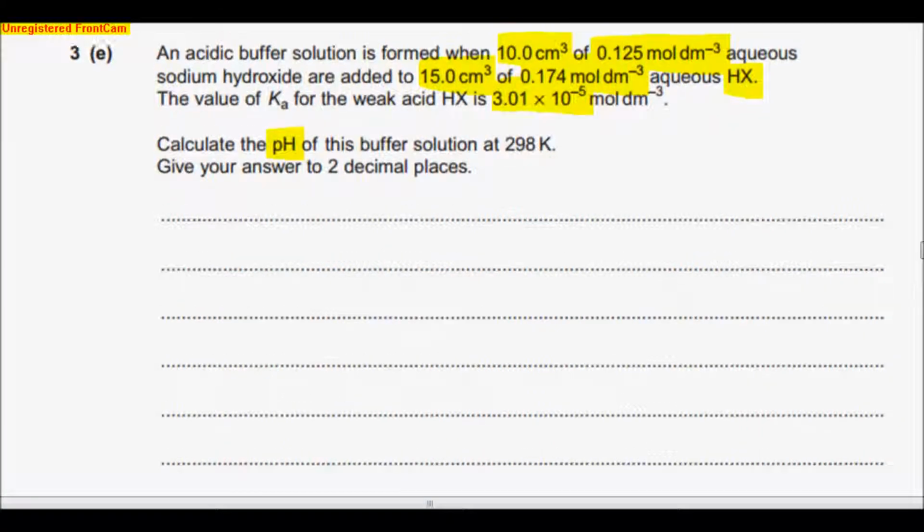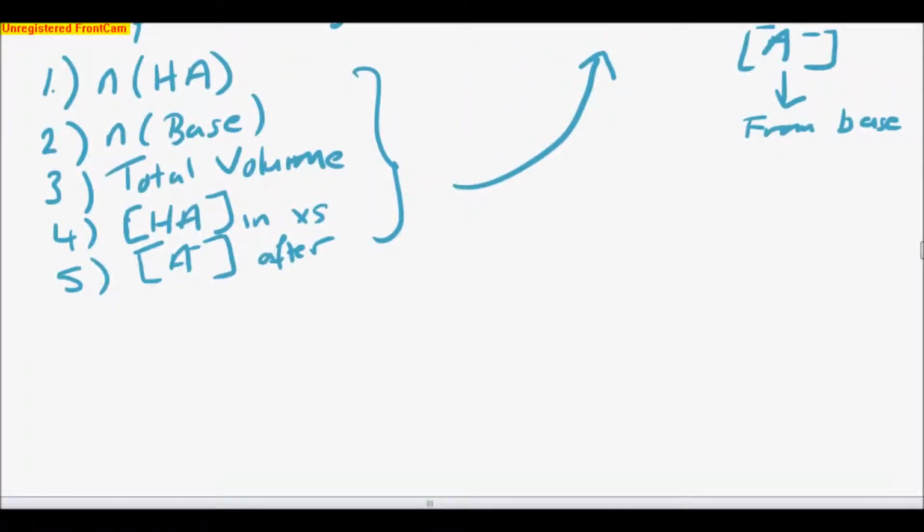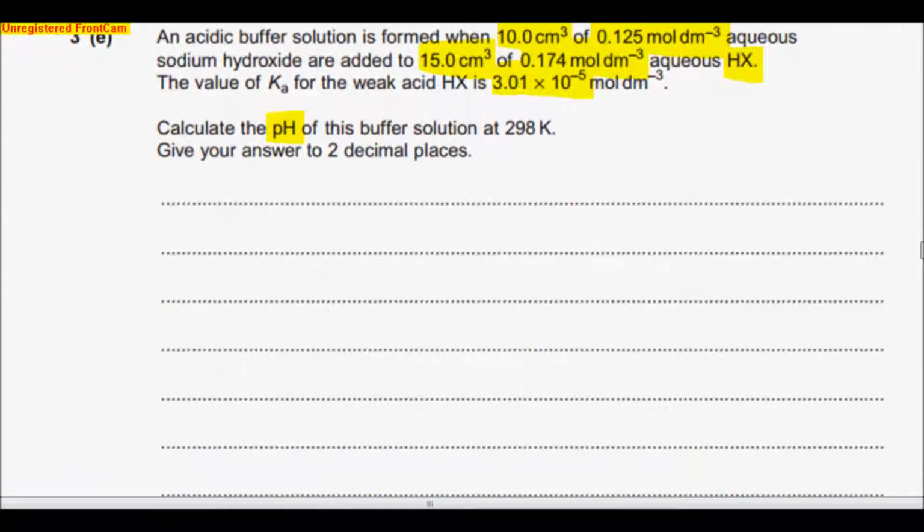First of all, let's go back up and have a look at what we have to do first. We need to work out the number of moles of HA. In our case, we haven't got HA, we've got HX, but the same kind of idea. The number of moles of our acid, HX, is going to equal the concentration times the volume divided by 1,000.